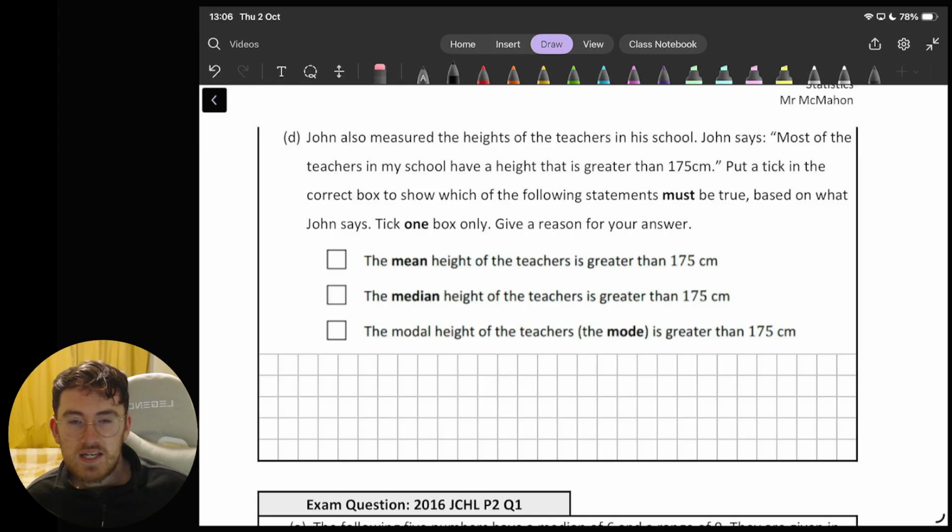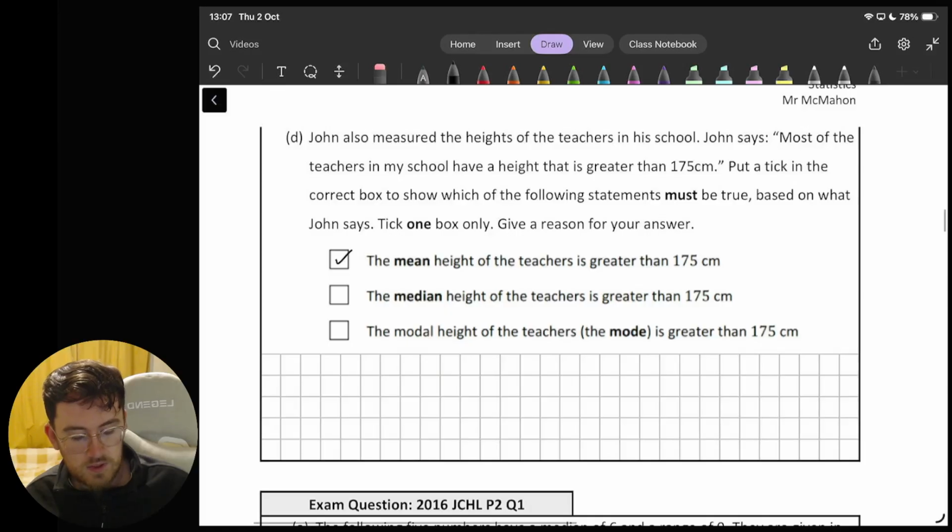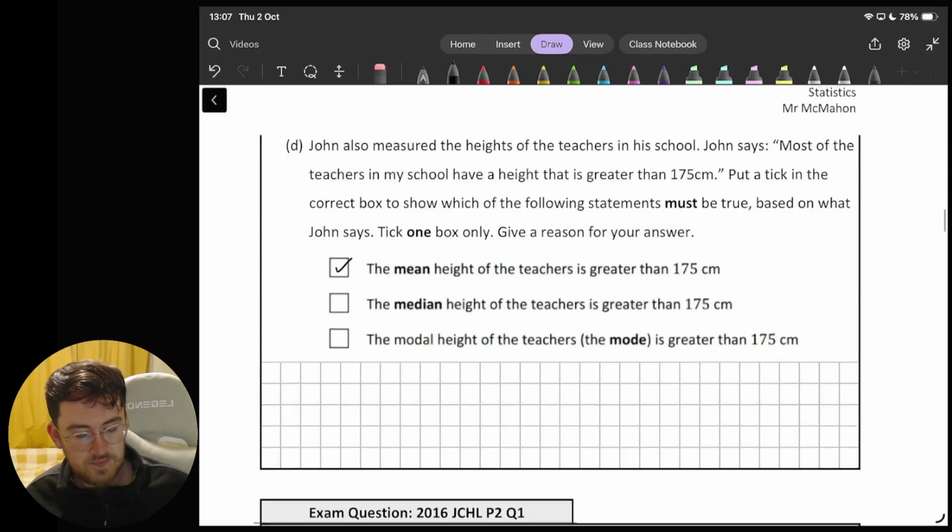So there I would be leaning more towards the idea that the mean height must be greater than 175, because if more of the teachers are greater than 175, then that should have a result of dragging the mean height upwards and leaving you with more of a general middle value there. So I would go with the mean height in that case.